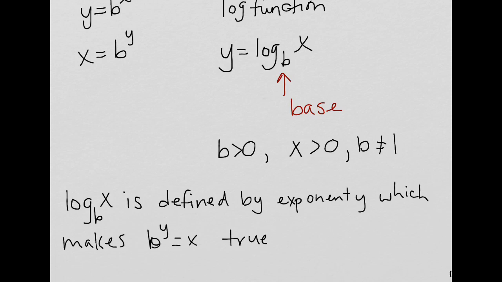Now, what do we mean by that? What I'm looking for when I talk about what I mean by that is this idea. All right, let's say that I have a function that looks like this. Log base b of x equals some y. So let's use some real numbers. Let's say that my b is 4 and my x is 64.